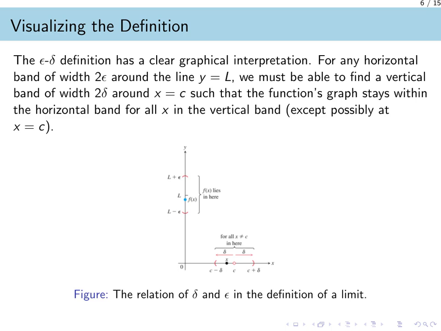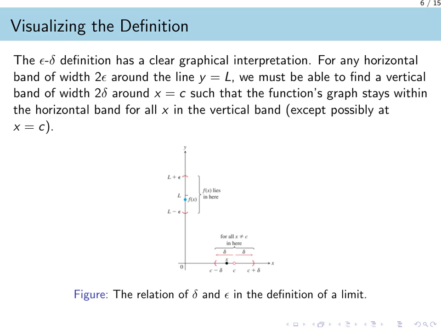If I can find a delta so that for any x in the vertical band, the function's output stays within your horizontal epsilon band, I have met the challenge. Note that what happens exactly at x equals c itself does not affect the limit.